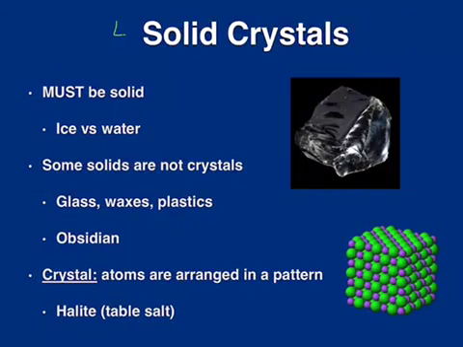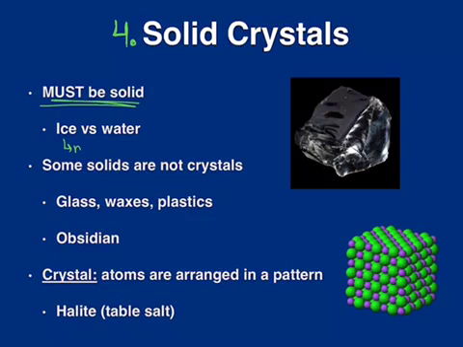The fourth requirement in order to be classified as a mineral is that they have to be solid crystals. So they must be solid. An example would be ice versus water.